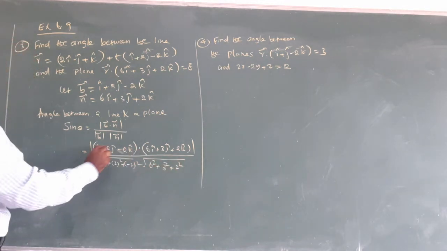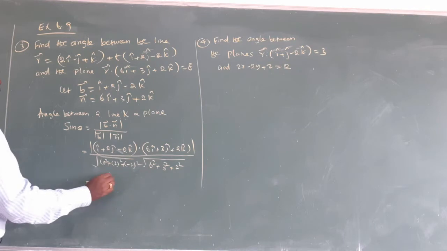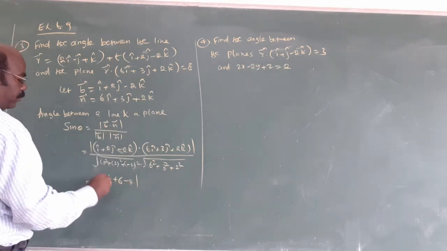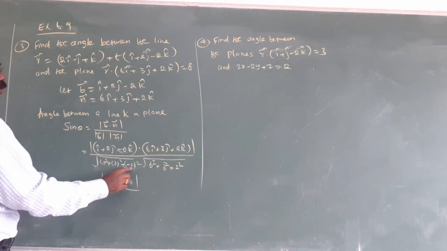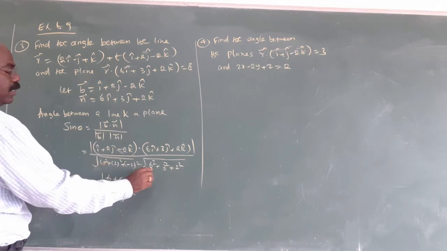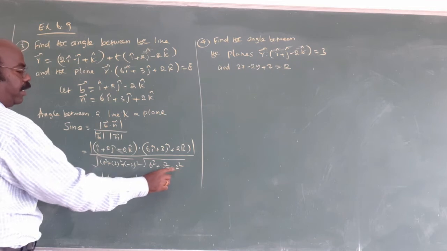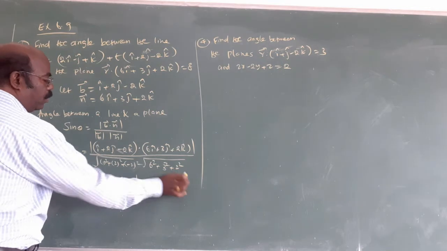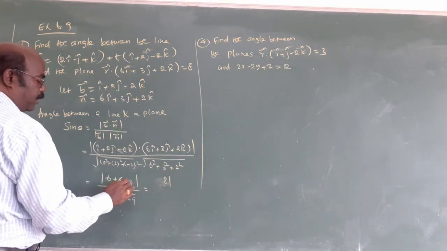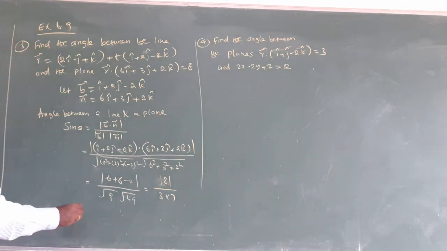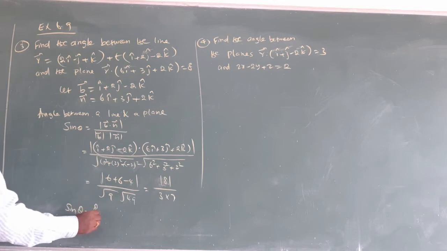Now the dot product: 6 plus 6 minus 4, that is 8. Here root of 1 plus 4 plus 4 is root 9, that is 3. Root of 36 plus 9 plus 4 is root 49, that is 7. So 3 into 7 is 21. Therefore sin theta equal to 8 by 21.